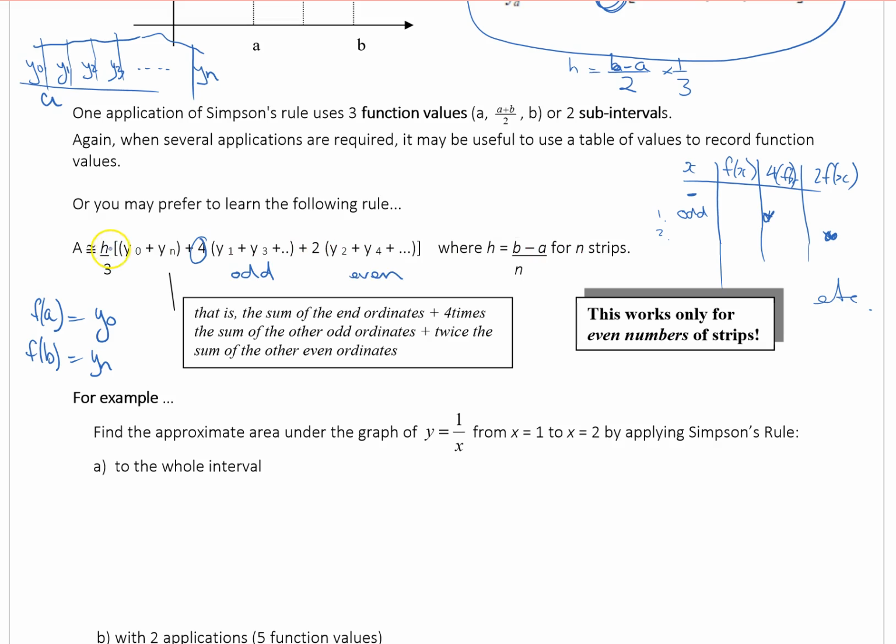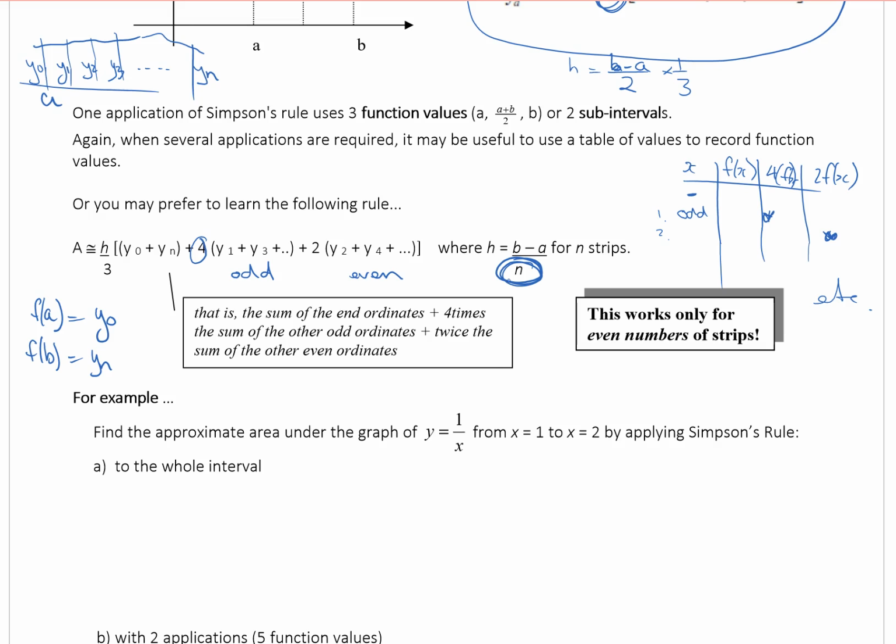Again, it's h on 3, and h is B minus A divided by n, the number of strips that you've got, which is not the same as the number of applications, and that's where people don't pick up on the finer differences and end up with the wrong numbers.